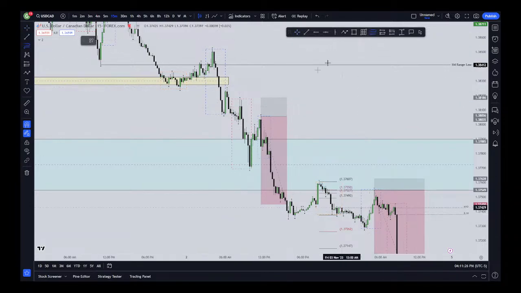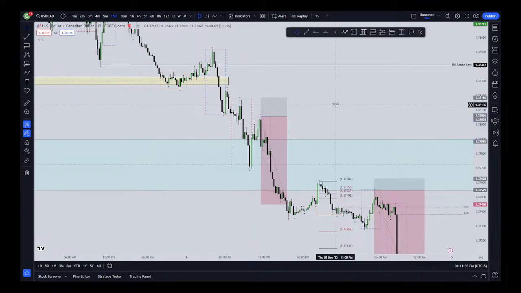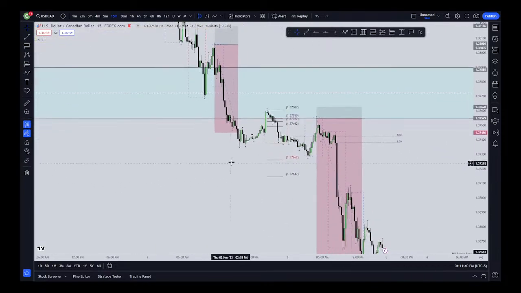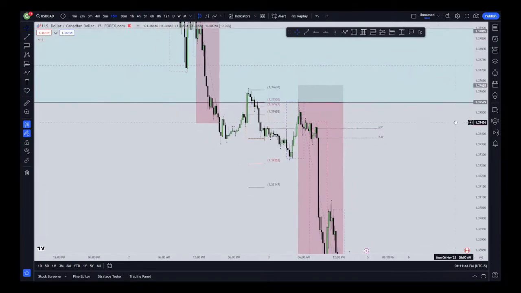Now, if we were to measure this range with our fib from the session high to session low, price tapped right back into the OTE range and then continued going lower. It did run past this daily range fair value gap. It violated it, so it's just confirming that price is going to continue going lower.